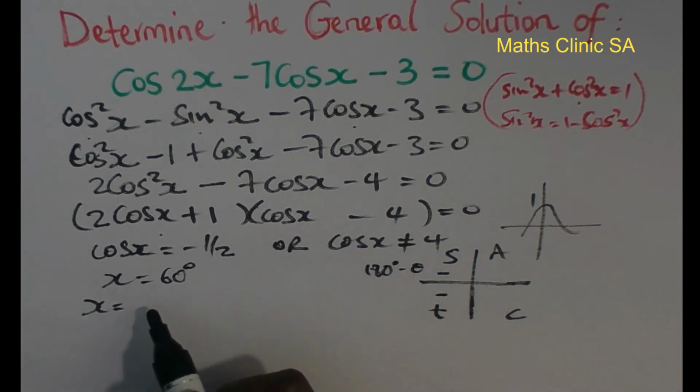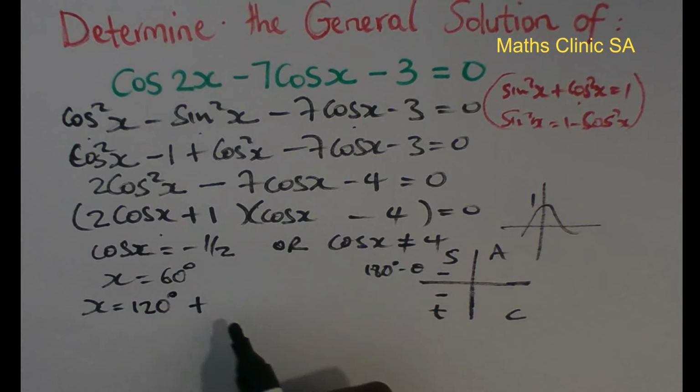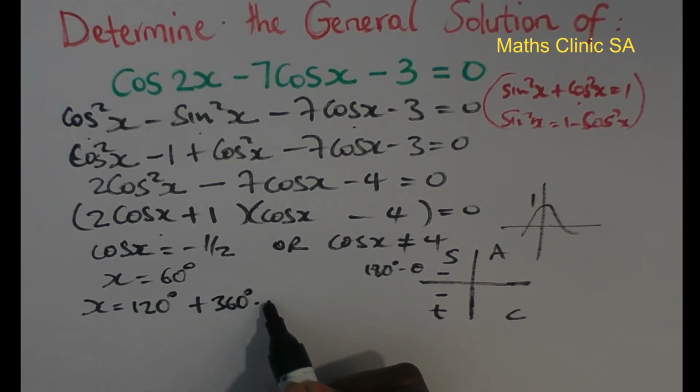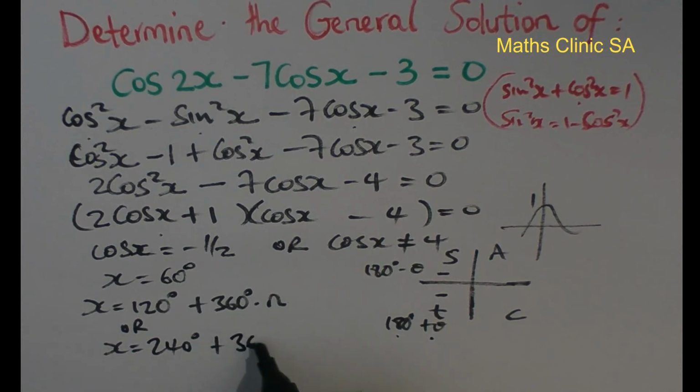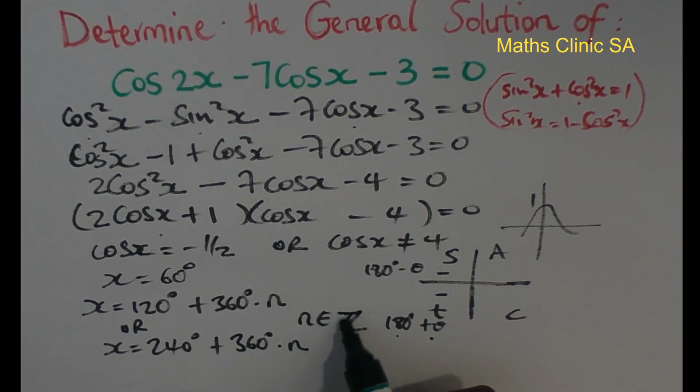So 180 minus 60 is 120 degrees, plus the period of the graph of cos, which is 360 degrees, so 360 degrees times n, where n is an element of the integers. Or the other solution for x, since there are two quadrants where cos is negative: in the third quadrant it's 180 plus theta. Our theta is 60, so 180 plus 60 is 240 degrees, plus again the period of the graph of cos, which is 360, so 360 degrees times n, where n is an element of the integers.